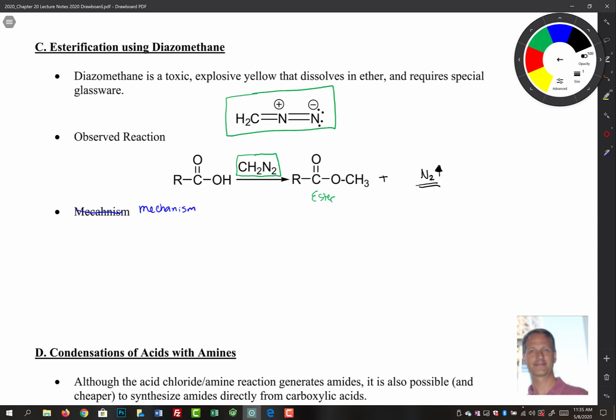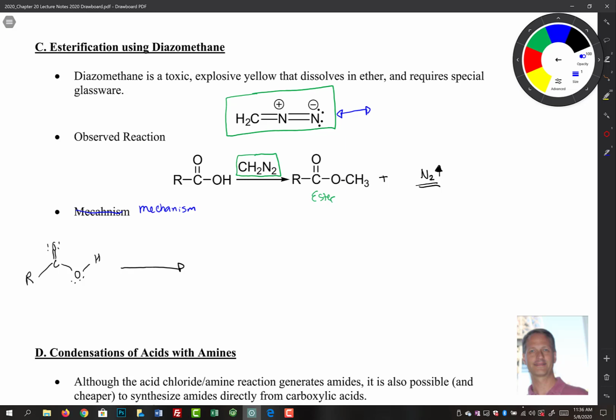Okay, so let's take a little look at the mechanism. It's a simple three-step mechanism, just three little processes here. So step number one is we're going to start off here with our carboxylic acid. Now to that we're going to add our diazomethane. One thing I want to show you as we do this is that this actually has an interesting resonance structure.